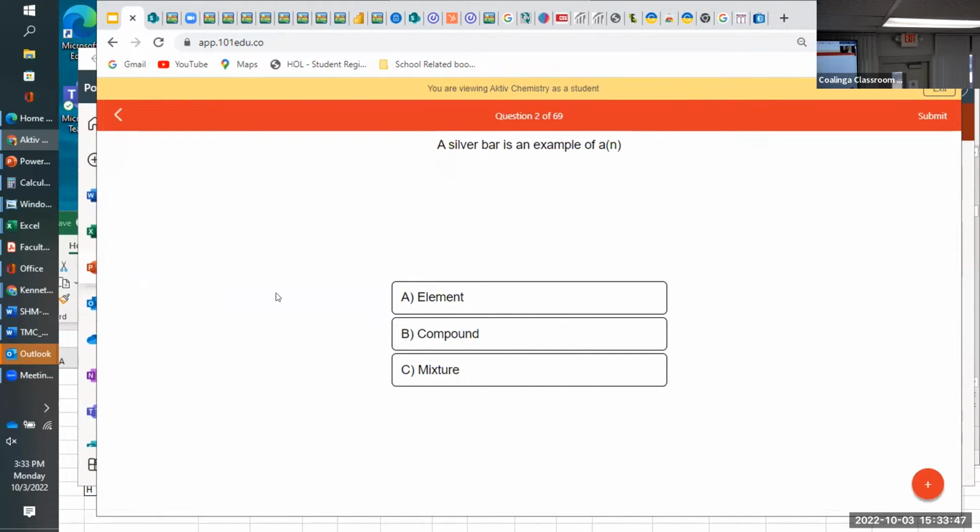Okay. A bar of silver is an example of: A, element, B, compound, C, mixture. Bar of silver. I'm gonna say if I'm gonna be wrong, we copy.